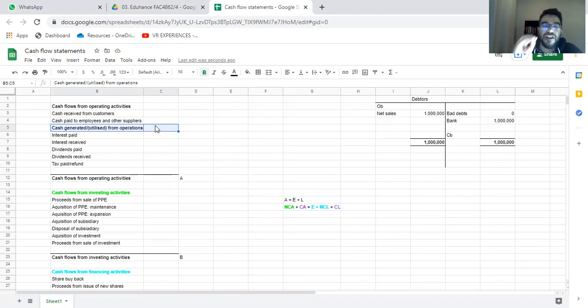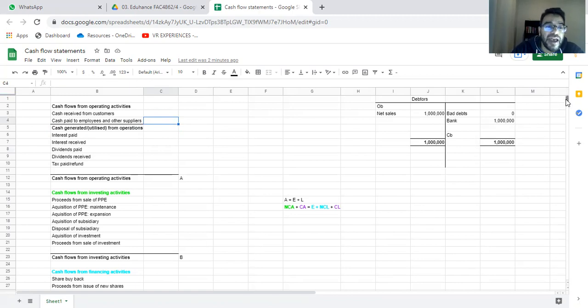So the only thing that the direct and indirect method impacts is how you calculate cash generated from operations. Whether you use the direct method or the indirect method, the number will be the same, but how you get there will be different. So how we get there for the direct method is cash received from customers minus cash paid to employees and other suppliers.